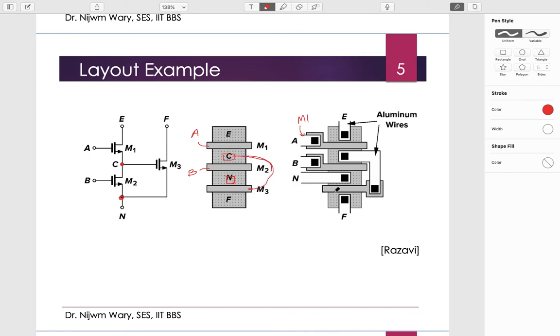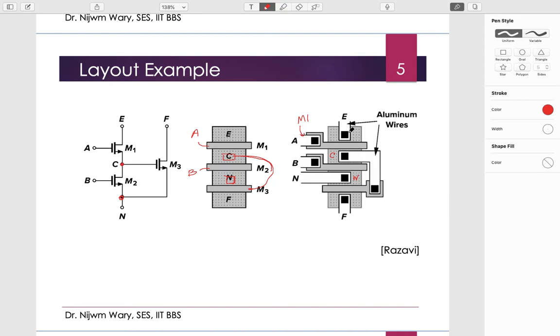So this poly will be connected through this contact to M1, and then through this contact it will be connected to this point C, right? This is the C point again, and this is the N point.